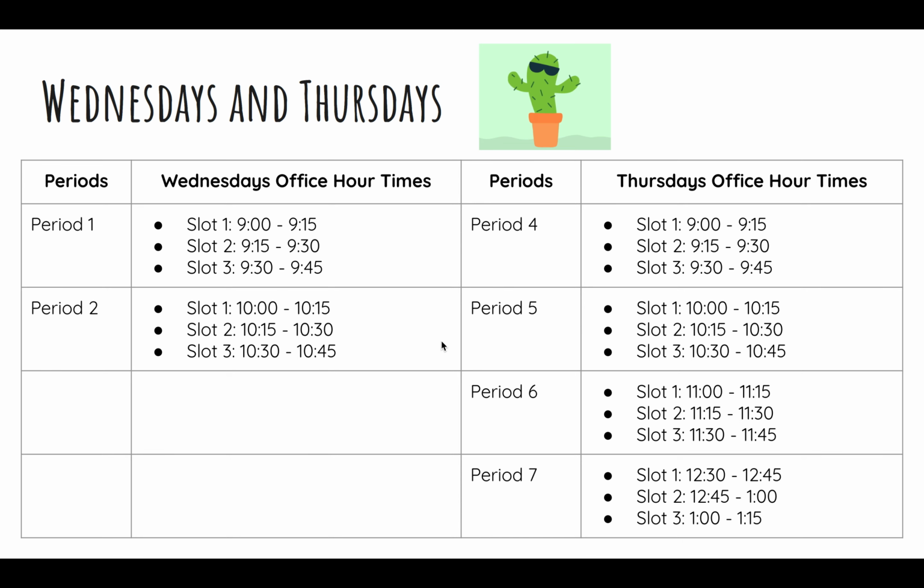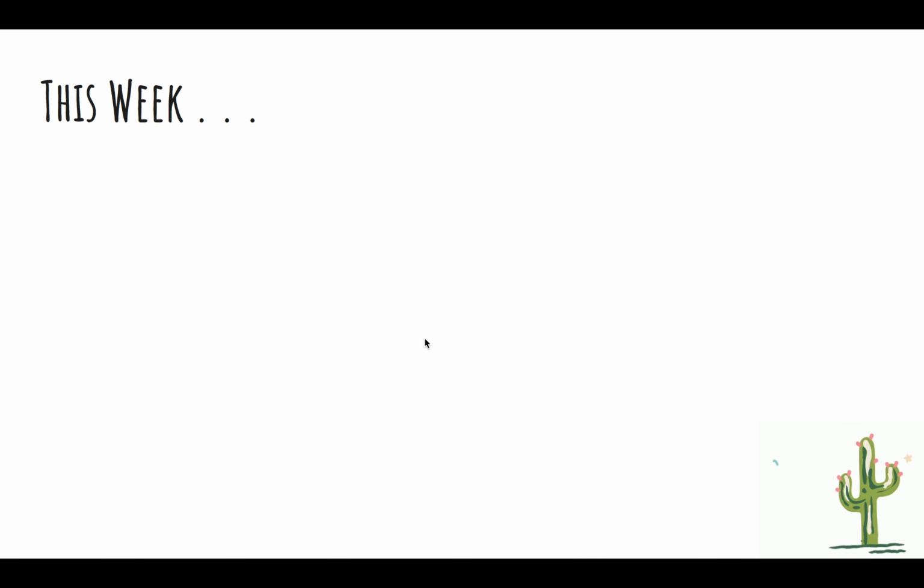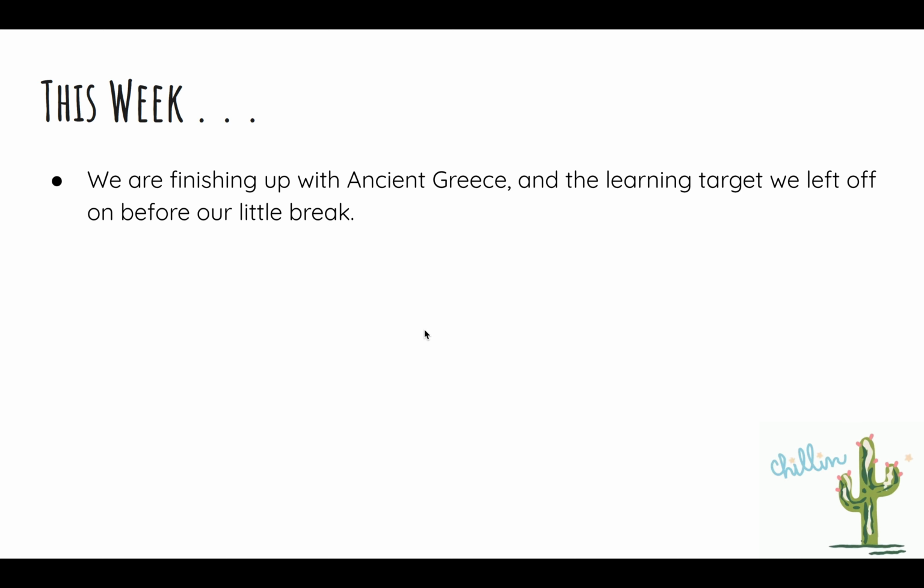All right, so here's the plan for this week. We are going to be finishing up with ancient Greece and the learning target we left off on before our little break. So I want you to ignore China for right now. Don't go back to the stuff that we've been doing for the last couple of weeks on Actively Learn.